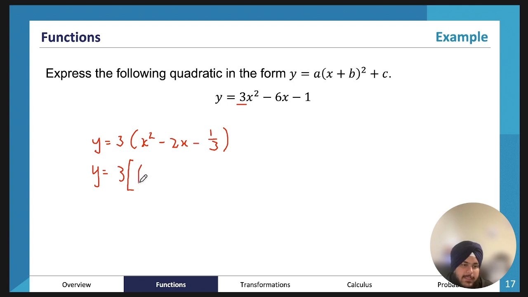So therefore, in that formula, x squared minus bx, b here is actually negative 2. So therefore, it will be (x minus 1) squared, which is b over 2, squared minus b squared over 4. So b squared over 4 is going to be 4 over 4, which is just 1, minus c.